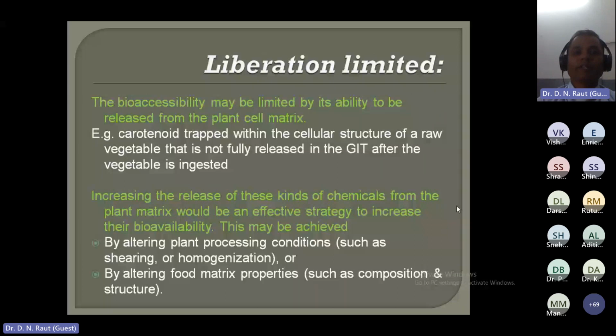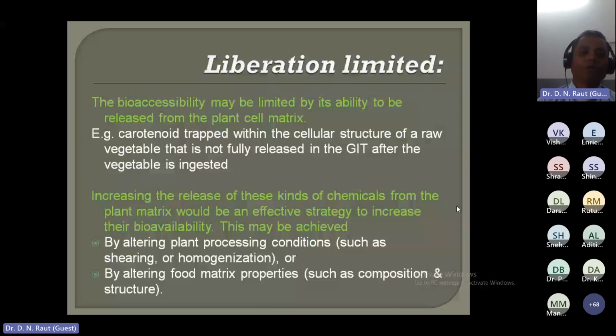That is, bioaccessibility may be limited by the ability to release the content from the matrix, from the plant cell. For example, carotenoids are trapped within the cellular structure of the vegetable and are not fully released from the GIT after the vegetable is ingested. Increasing the release of this kind of chemical from the plant matrices would be an effective strategy to increase bioavailability.